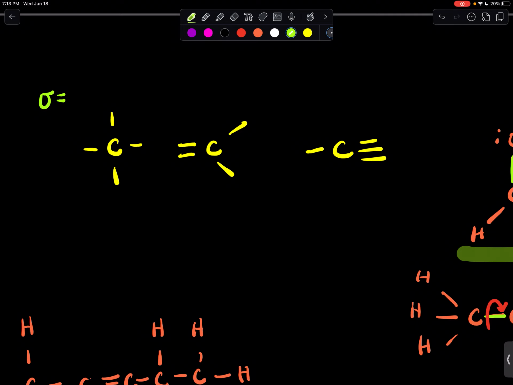So it would be 4 sigma bonds, and that corresponds with sp3 hybridization. So let's say you count them, right? It's 1, 2, 3, 4. You just knock it down 1 and you make it sp3.